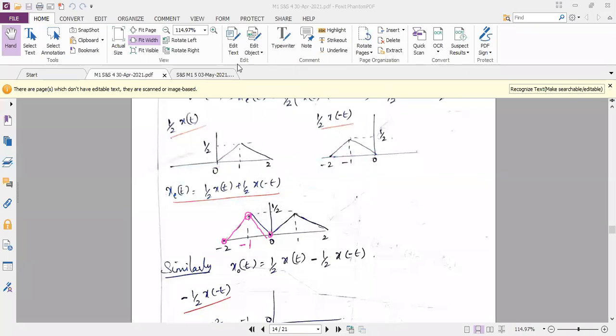If you draw one below the other, you can easily understand the meaning of addition. See, this is 1 by 2 x of t. And the next diagram is 1 by 2 x of minus t.